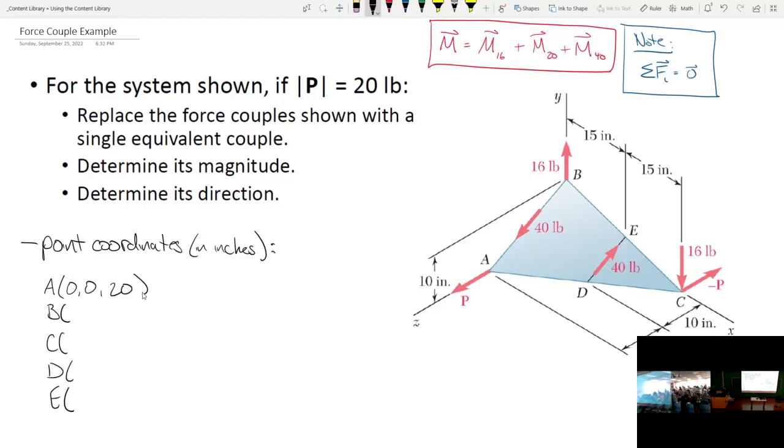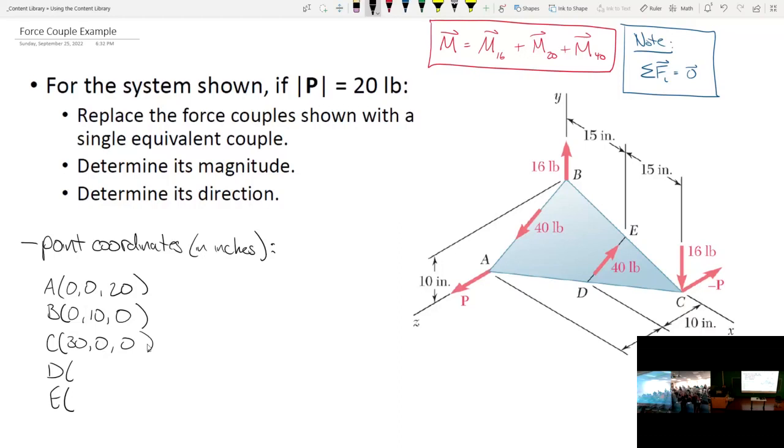For point B, we've got 0, 10, 0, because we go up 10 along the y. We've got 30, 0, 0 for C. A, B, and C just go along the x, y, and z axes, so that makes it pretty easy.